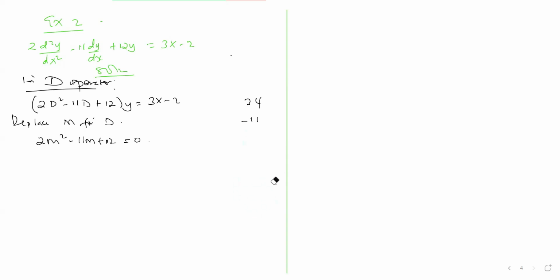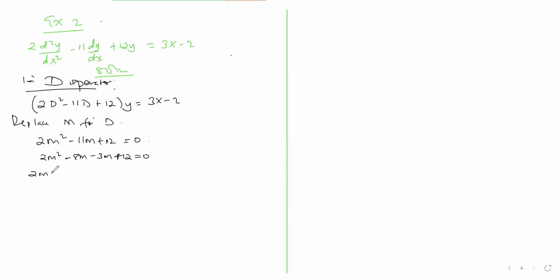But remember, since our a is not 1, we cannot just write our values as negative 8 and negative 3 now. So we split the middle term into 2. We shall have 2m squared minus 8m minus 3m plus 12 equals 0. Factor out what is common.